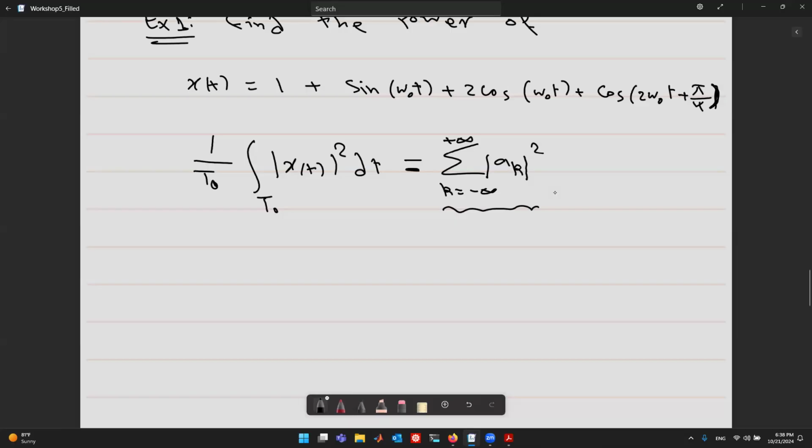So let me rewrite it this way. This summation is a0 squared plus a1 squared plus a_{-1} squared plus a2 squared, and then plus a_{-2} squared, and so on.